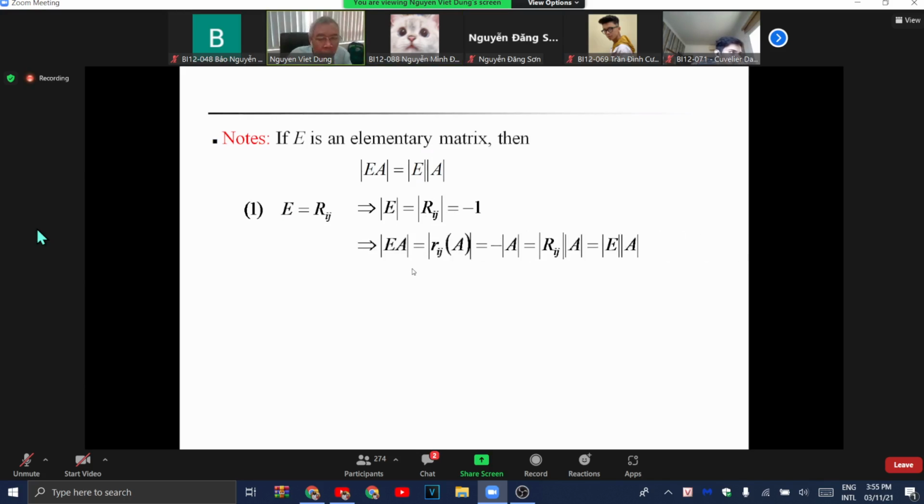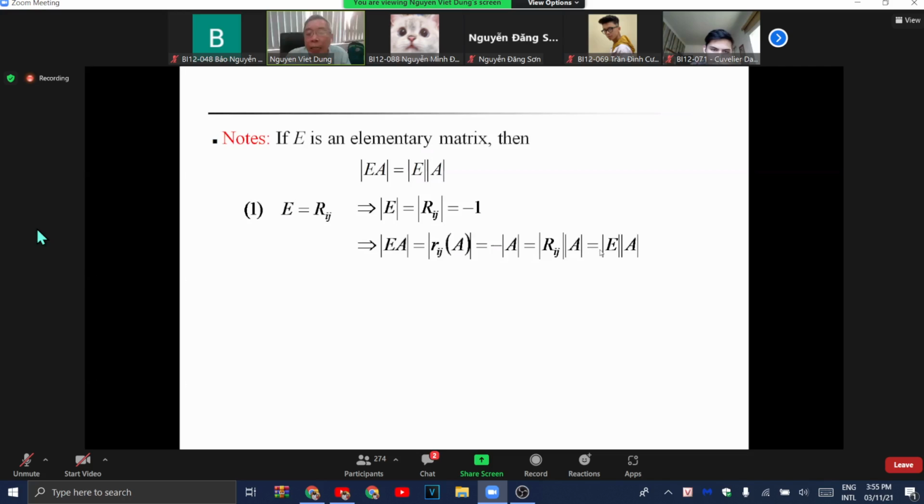Now, according to your homework, E multiplied by A is exactly applying the operation Rij to the matrix A. Because of that, that equals -1 times A. But -1 is exactly the determinant of Rij.